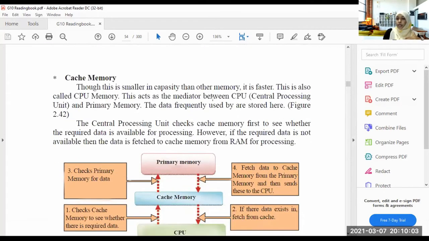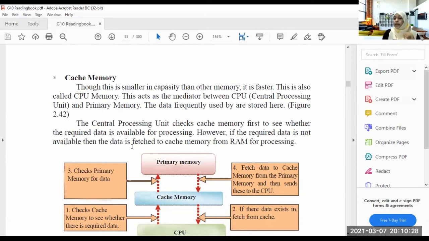And cache memories are actually very small in capacity compared to the other memories, but they are very fast. This is also called CPU memory. Why is this called CPU memory? Because this cache memory is inside the CPU. Where inside the CPU, we can't see it.